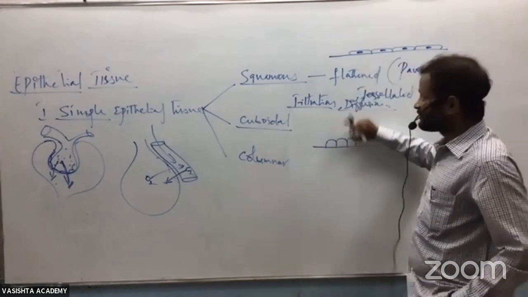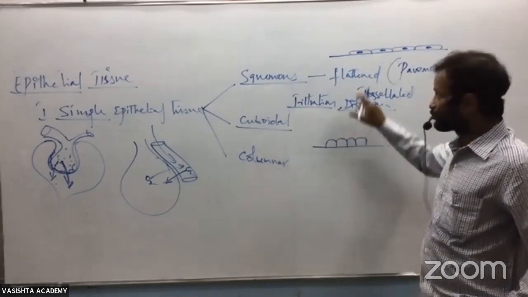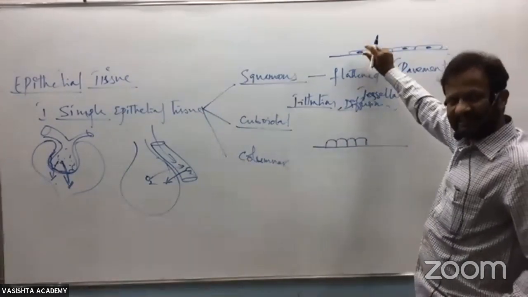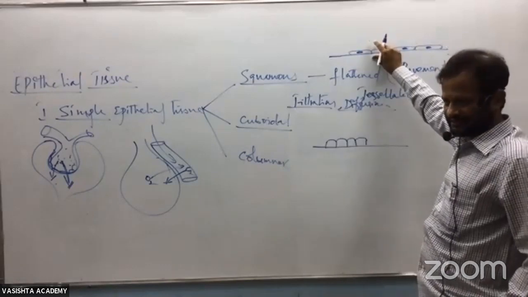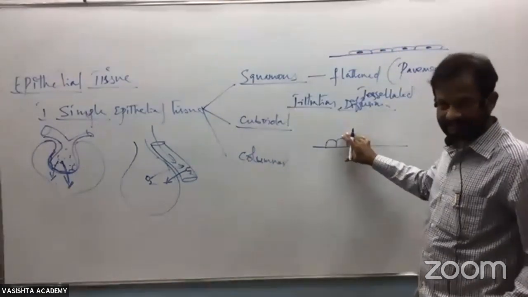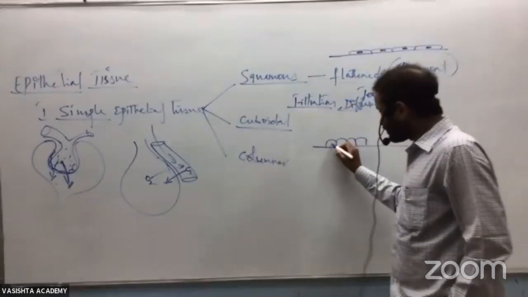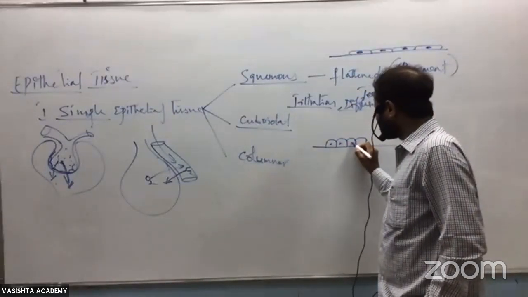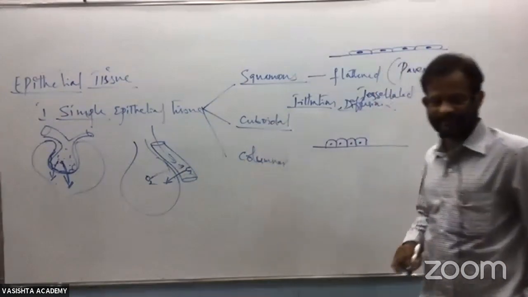See, what is the difference between squamous and cuboidal? Squamous is very thin, flattened cells. Cuboidal is a little bit broader than squamous. So here also, the nucleus is present at the center, like this.